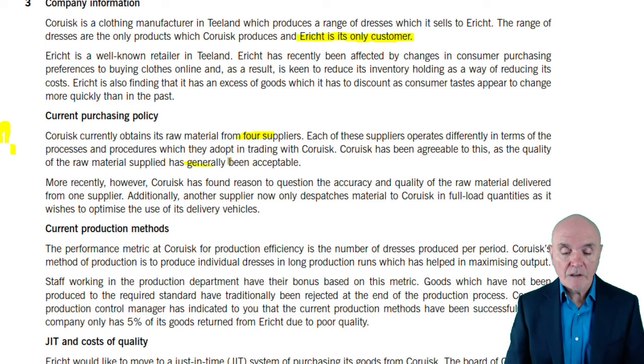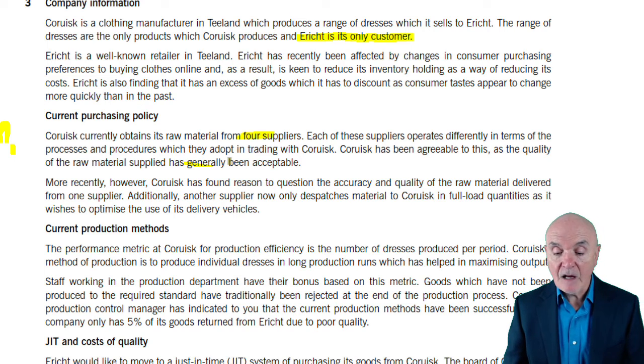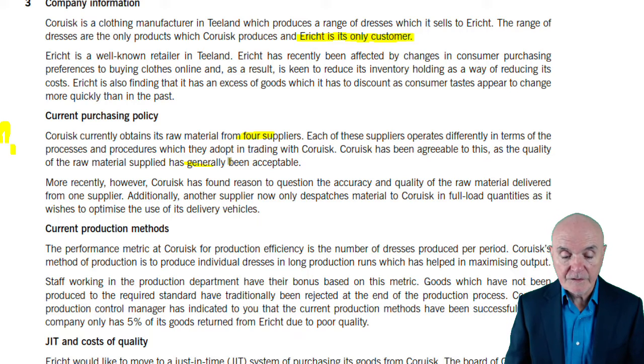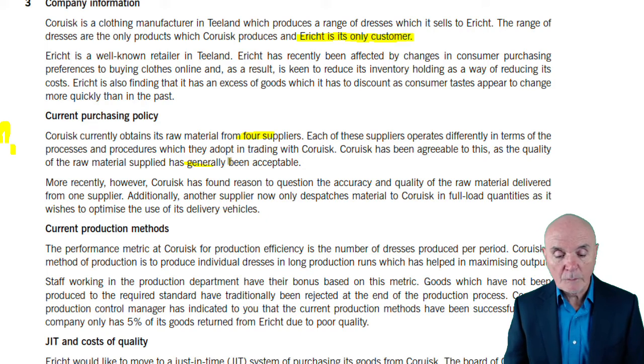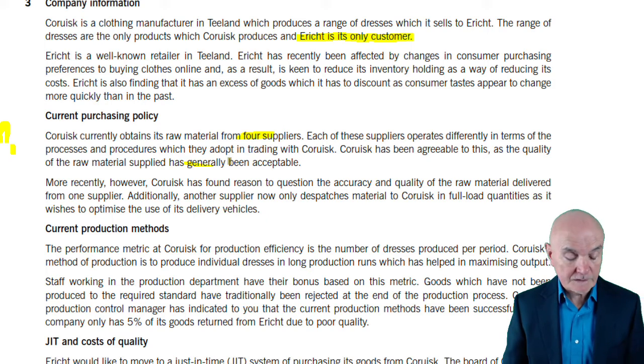More recently, however, CORUSC has found reason to question the accuracy and quality of the raw material delivered from one supplier. In addition, another supplier now only dispatches material in full load quantities because it wishes to optimize the use of its delivery vehicles.